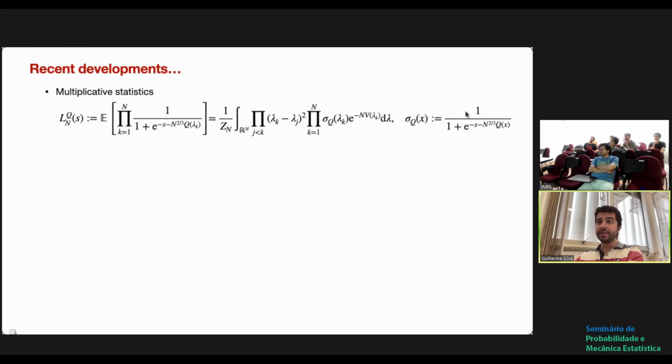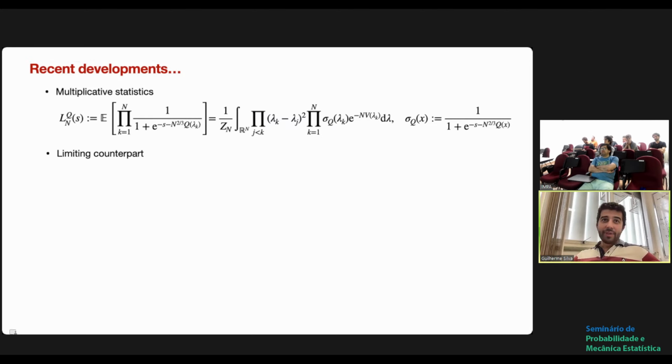So the sigma here is just the symbol of the multiplicative statistics. This is a quantity that we're going to be looking at. And again, this quantity is indexed by a certain parameter S. I'll tell you in a moment what that is. Just treat it as a parameter. In other words, we are doing certain general multiplicative statistics in a certain scaling and indexed by a certain parameter S. And I'll tell you by the end of this slide why we care about those.